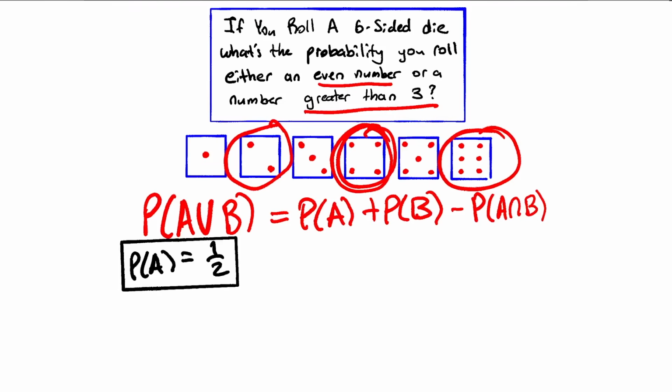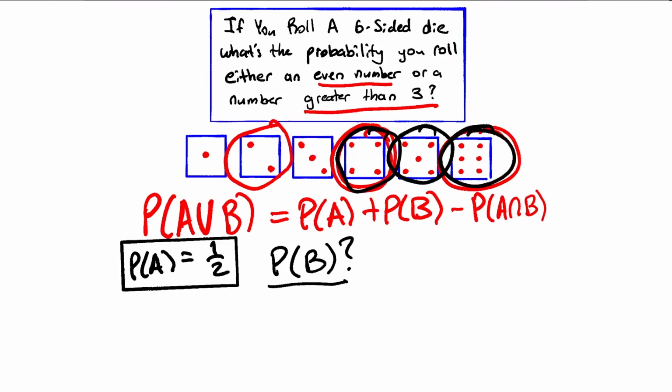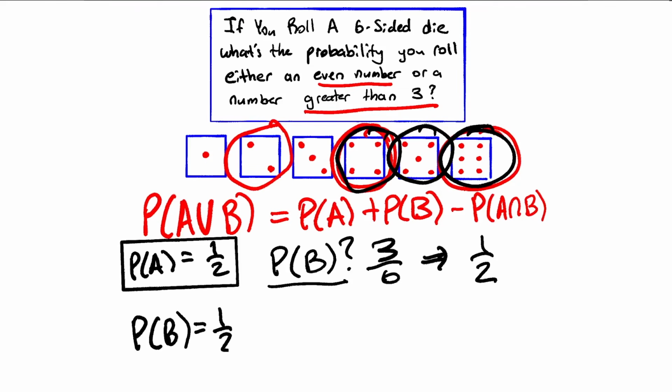Now what is P of B? What's the probability that we roll a number greater than 3? Well, out of our 6 possible outcomes, we could roll a 4, a 5, or a 6 that are all greater than 3. So our probability that you roll a number greater than 3 is 3 over 6, which again gives 1/2. So the probability of B equals 1/2.